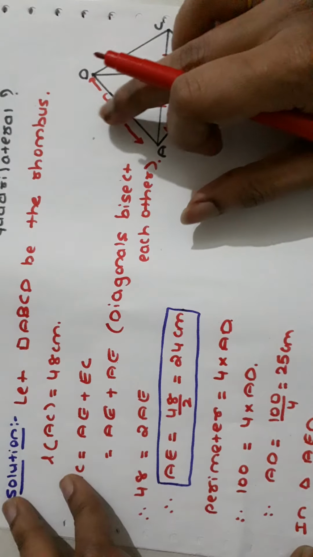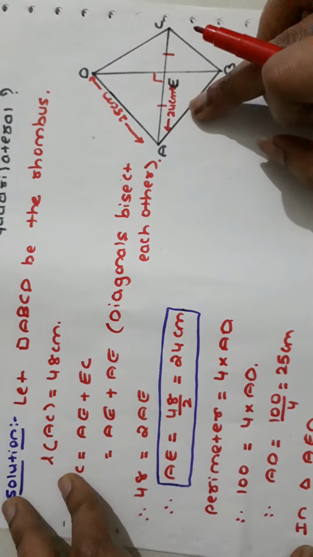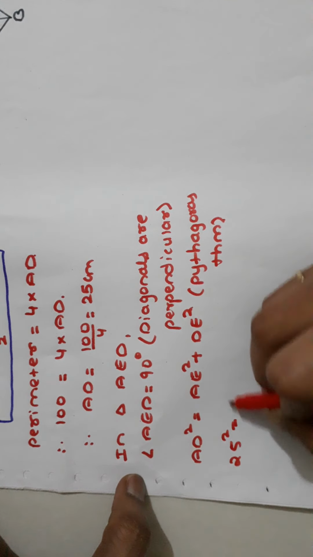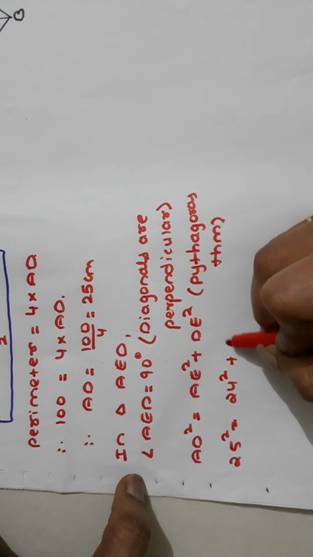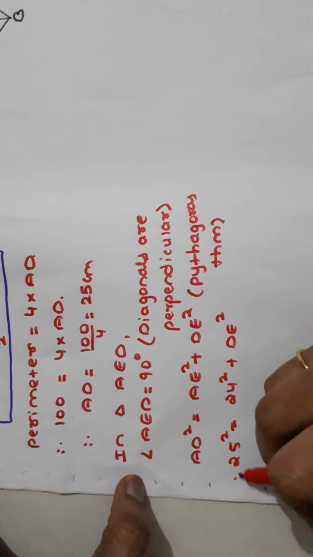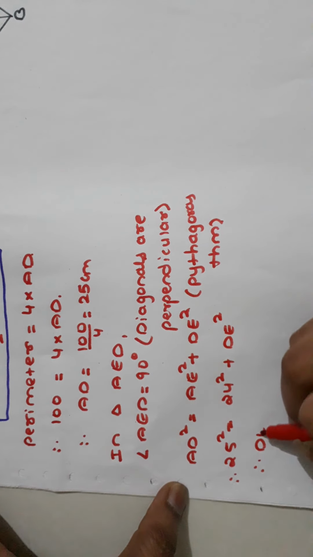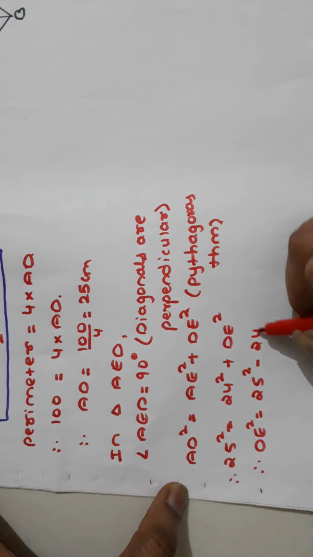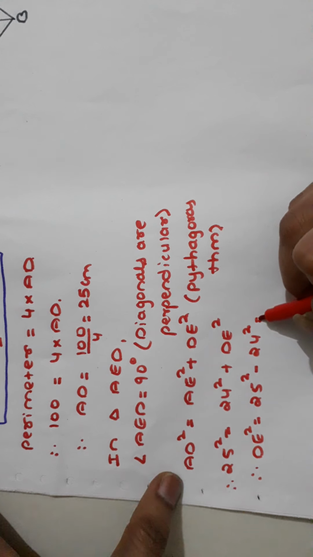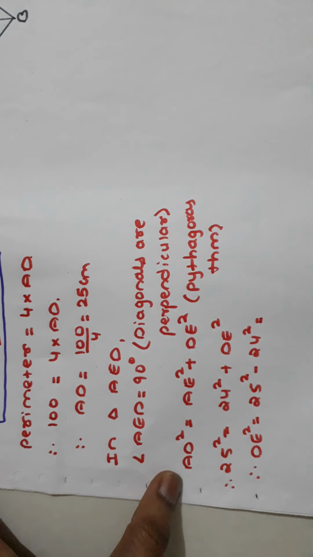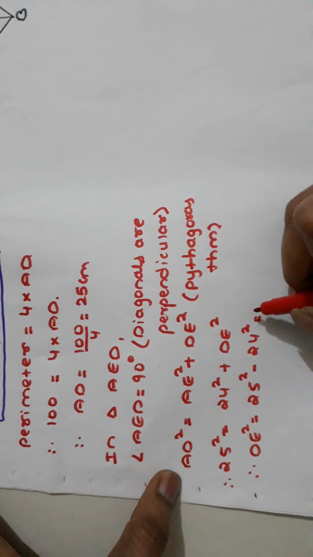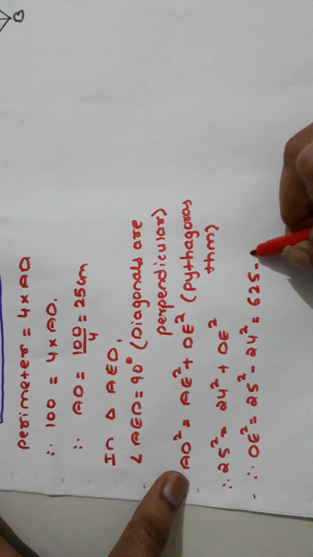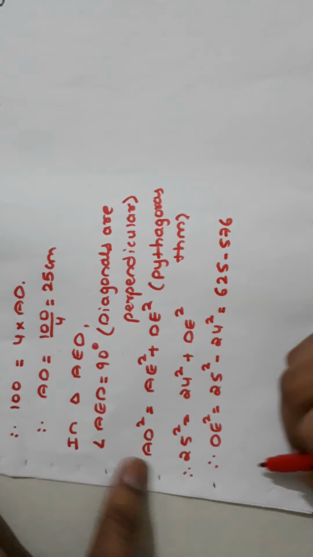Substitute the value. AD is 25 and AE is 24. 25 square is equal to 24 square plus DE square. Therefore, DE square is equal to 25 square minus 24 square. 25 square is 625, minus 24 square is 576.